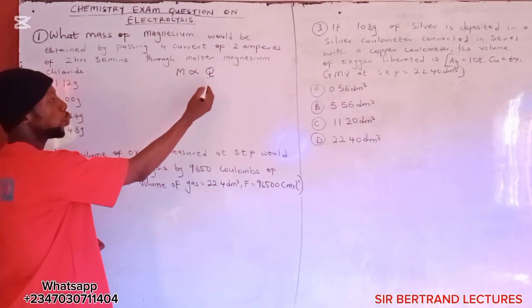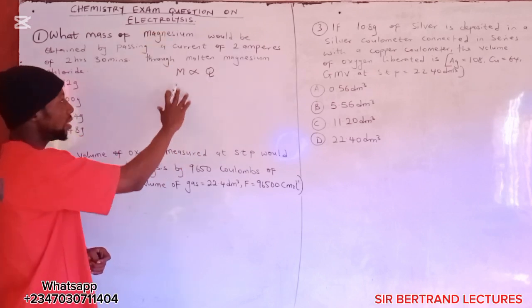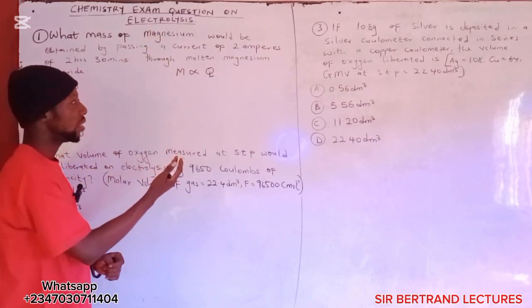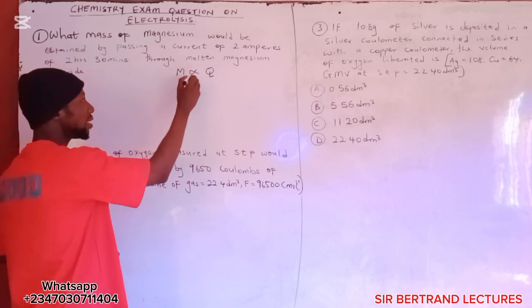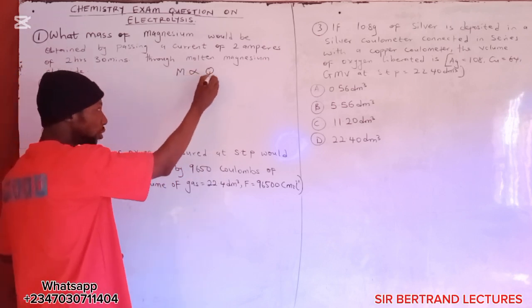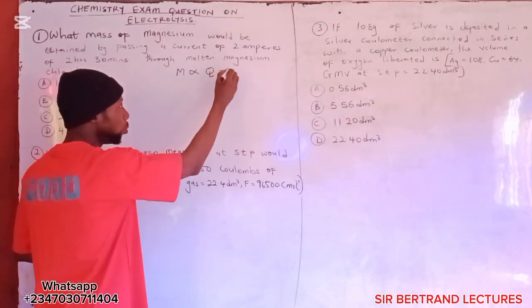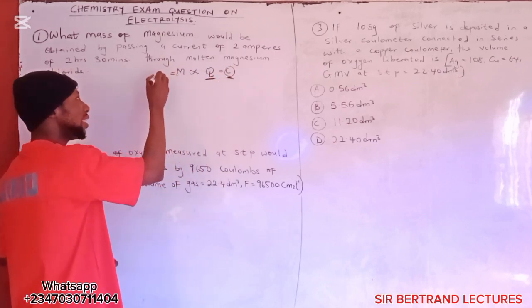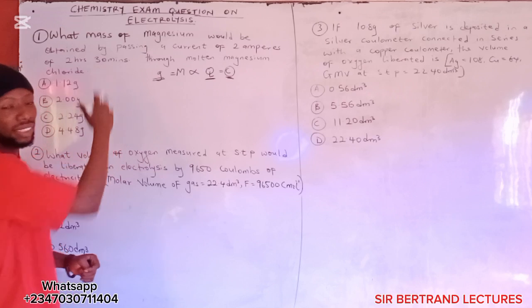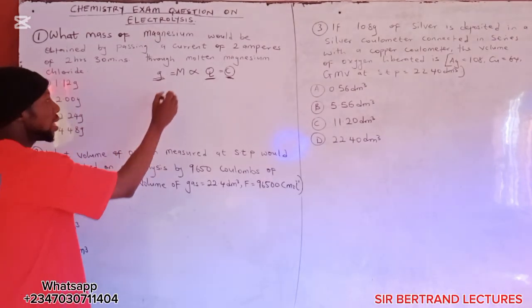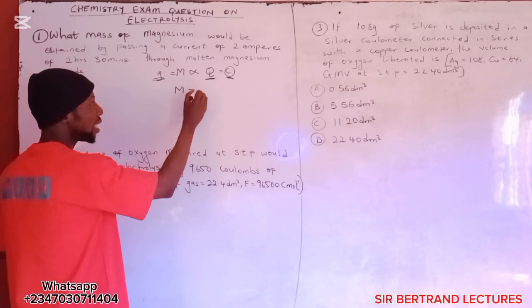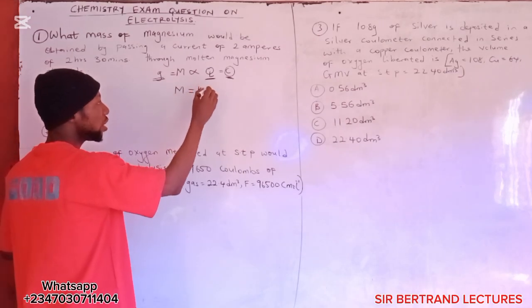That means as the quantity of charge increases, the mass of substance liberated will increase. The quantity of charge is in coulombs, and the mass is in grams, since this is chemistry. So we have an equality sign, then KQ.